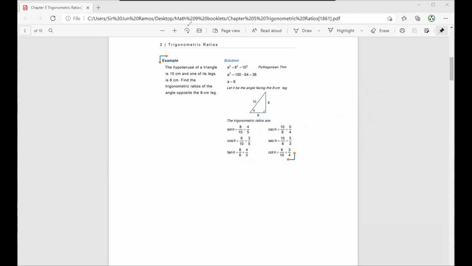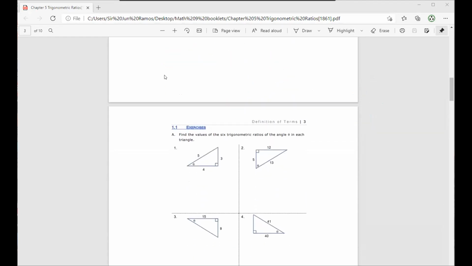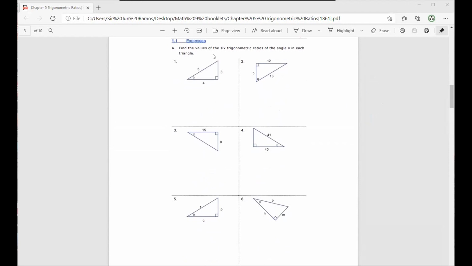So let's move on. Here, if we want to find the values of the six trigonometric ratios of the angle theta in this triangle, that should not be difficult already, because this is the reference angle here, this is the adjacent to that reference angle, this is the opposite to this reference angle, and this is the hypotenuse.